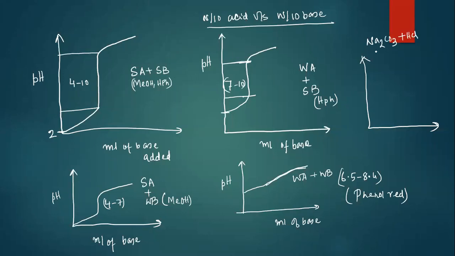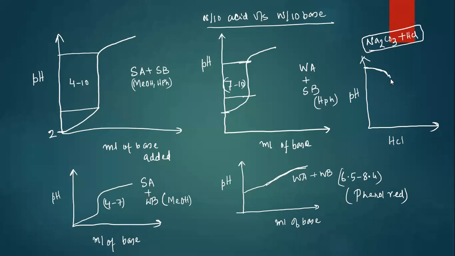We know it very well, which is one of my favorite questions in your tests, and JEE also favors it. If you want to plot the same curve, suppose you have kept the base in the conical flask and you put HCl from the burette. The pH is high at first because Na2CO3 is basic. What happens after that? It comes down like this as you add HCl.